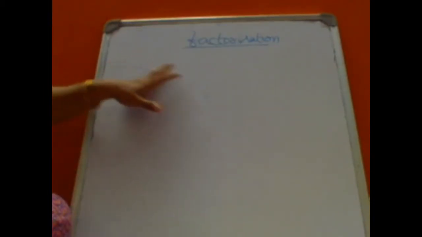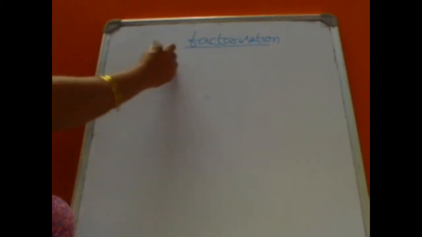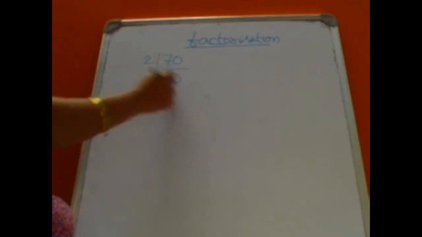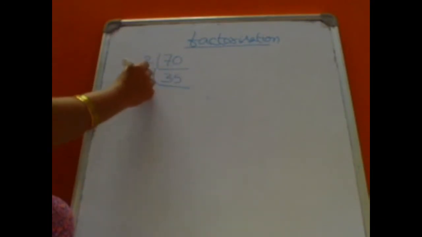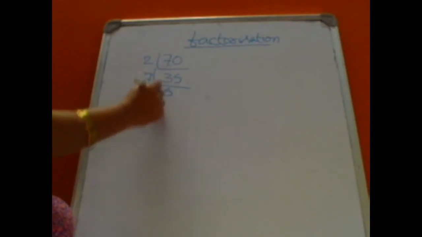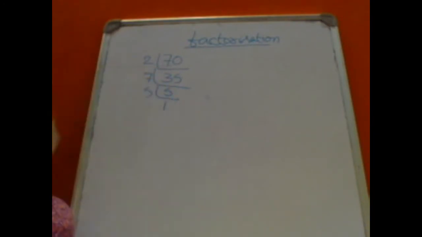Whenever we are doing factorization, we know that we are expressing a number as a product of 2 or 3 smaller numbers. Take for example 70. If you do the factorization, 2 35s are 70, 7 5s are 35, 5 1s are 5.